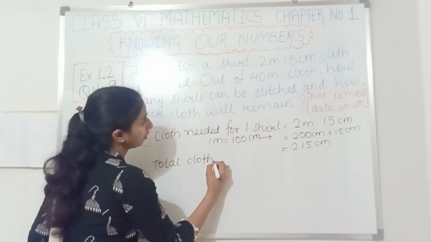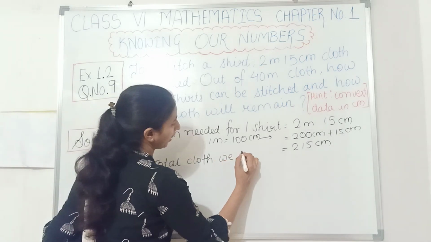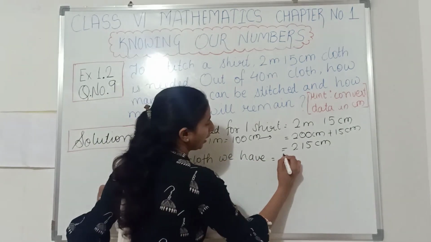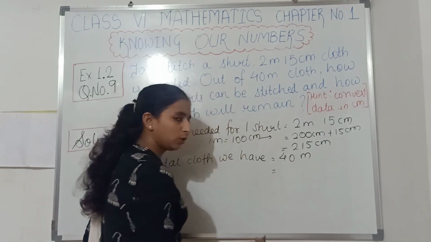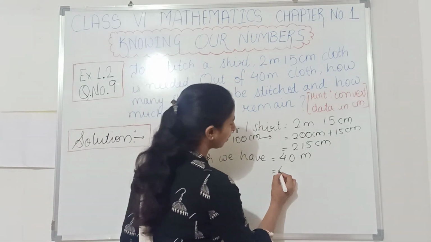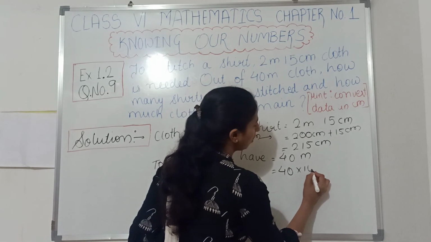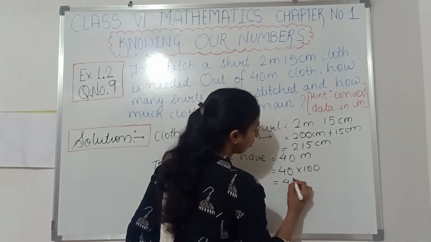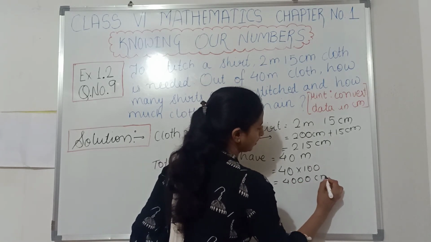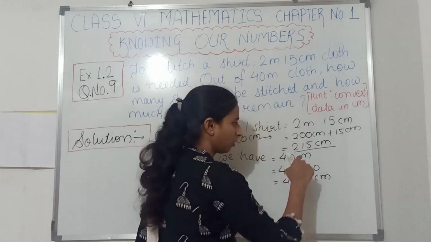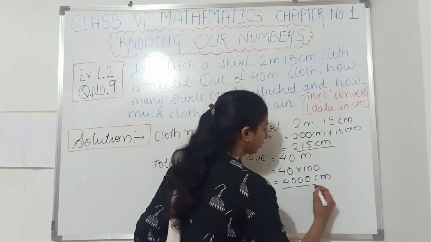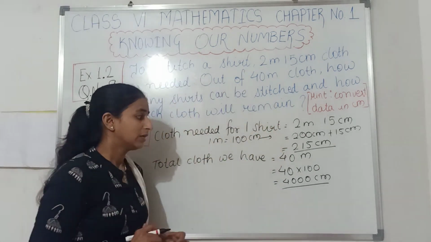So let's see how much total cloth I have. Total cloth we have is 40 meter. Let us convert this value also into centimeter. So 40 into 100, my answer will be 4000 centimeter. So here I got one value as 215, another value as 4000 centimeter.